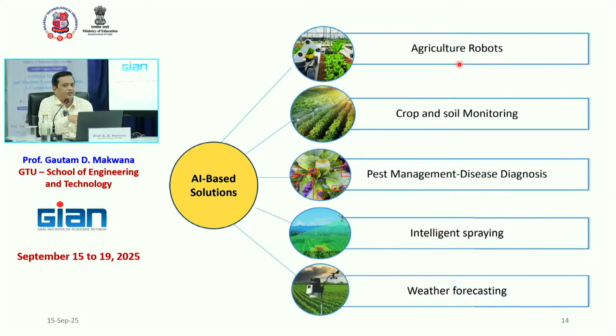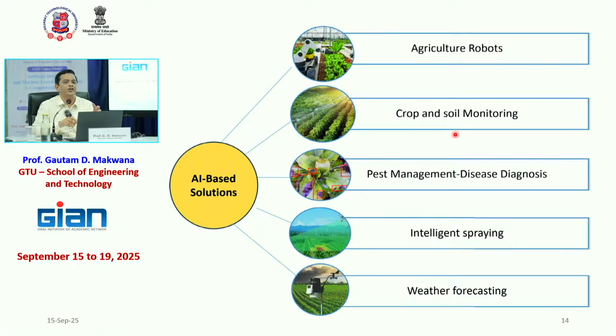So this kind of thing will increase the yield of the crops and protect from disease, and also reduce the cost, because otherwise the unnecessary labor work and fertilizer cost will increase, even though it is not giving a good yield of the crops. So this can be done by crop and soil monitoring.